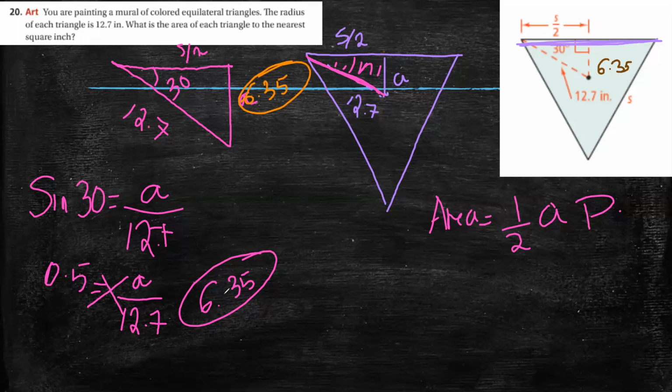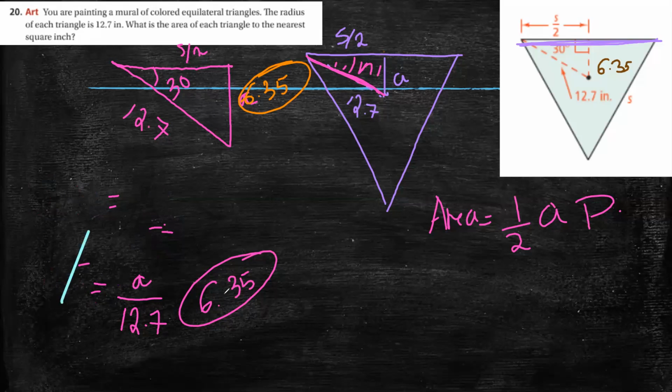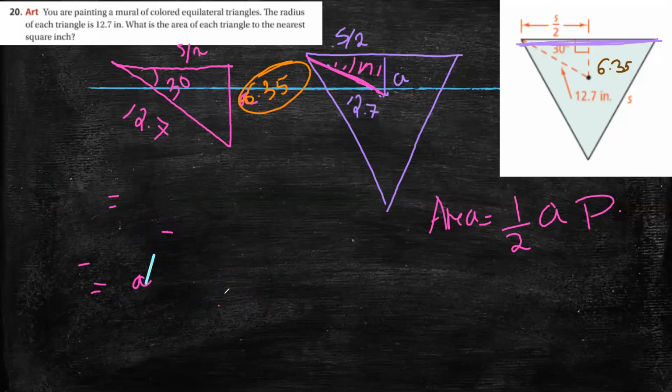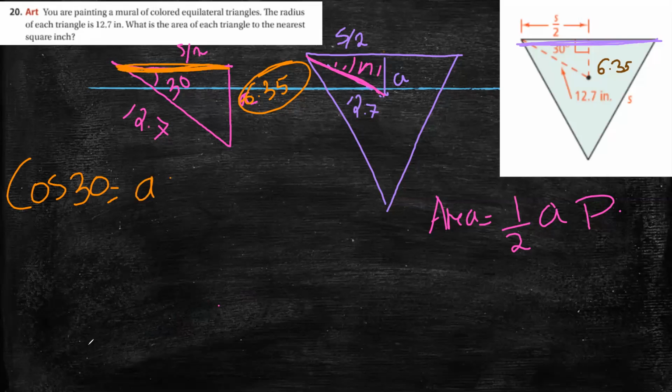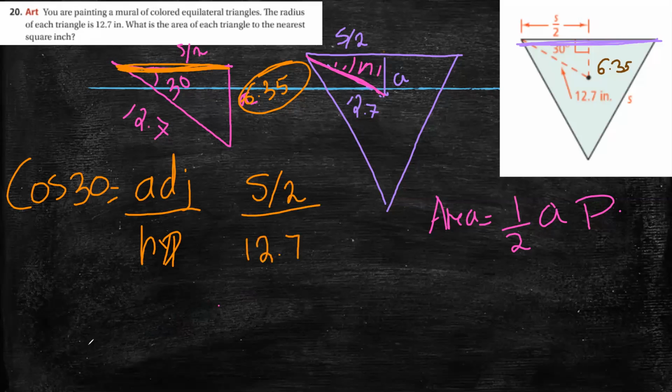Cosine 30, so I will say adjacent over hypotenuse. The adjacent here is S over 2, and the hypotenuse here is 12.7.